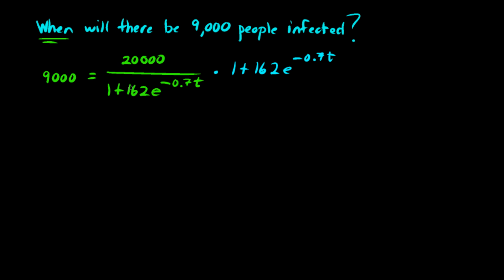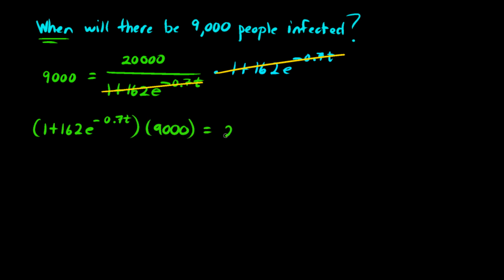When I multiply the right side by it, it cancels. When I multiply the left side by it, it's going to be 1 plus 162e to the negative 0.7t times 9,000 equals 20,000. So it cancels on the right, but it's going to be multiplied by 9,000 on the left.